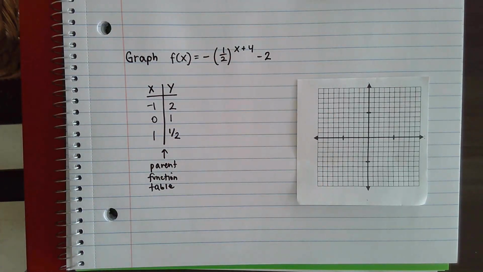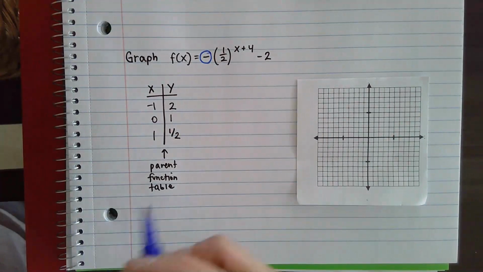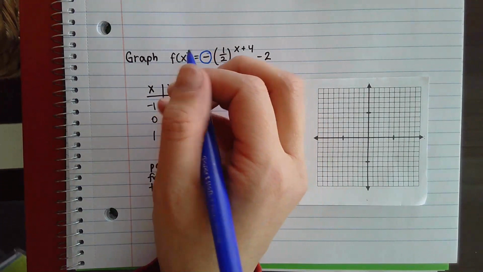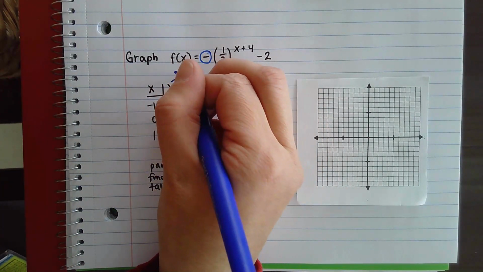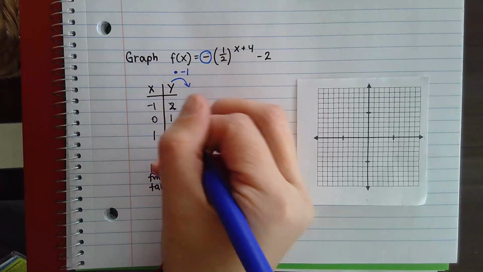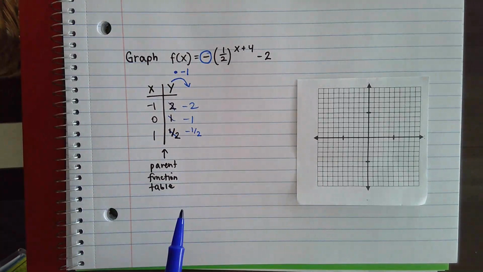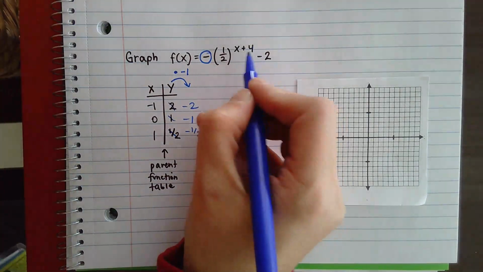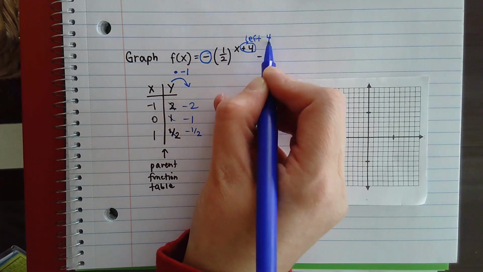Use a different color. So this is a reflection over the x-axis. I'm going to multiply all my y values by -1. So -2, -1, -1/2. My next shift is a shift left 4.